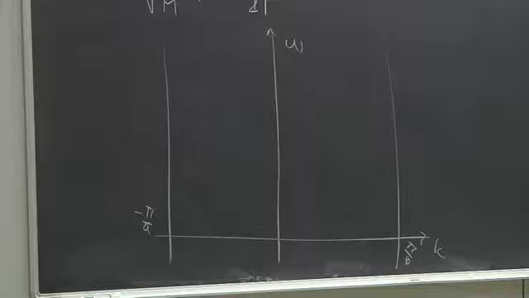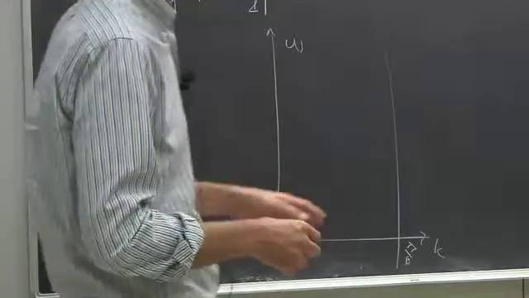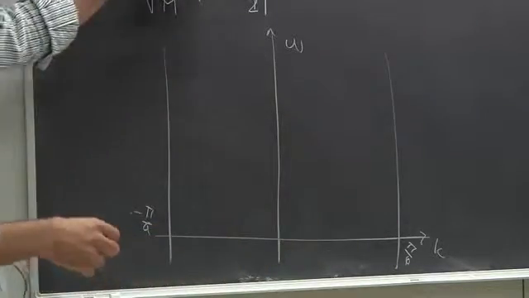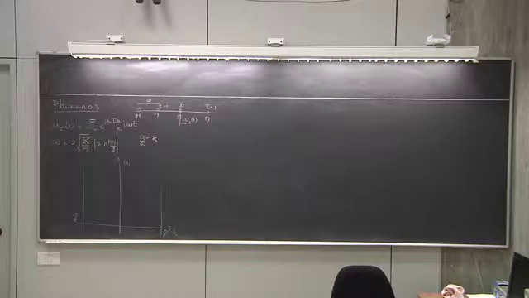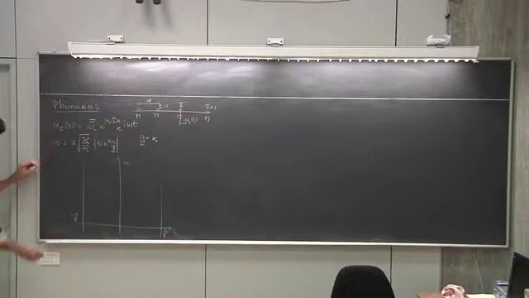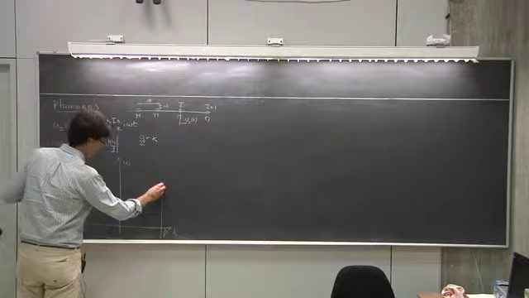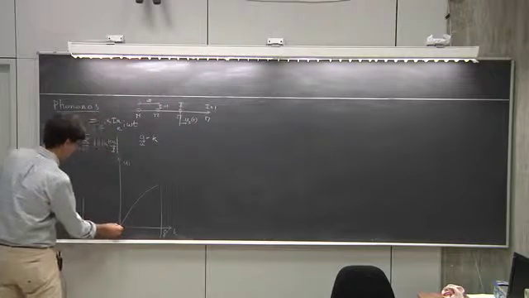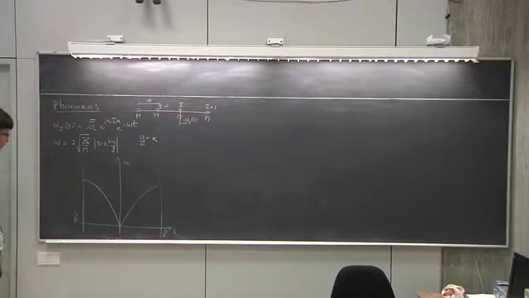We can go outside, but there's no need to go outside, because if we go outside, we find exactly the same solutions, not only in terms of frequency, but also in terms of the pattern, the way the atoms oscillate. So we restrict our analysis to the Brillouin zone, minus pi over a, pi over a. And if you plot this function in this Brillouin zone, the function behaves something like that.